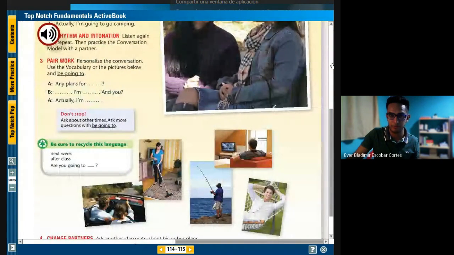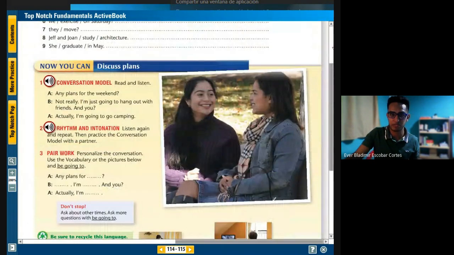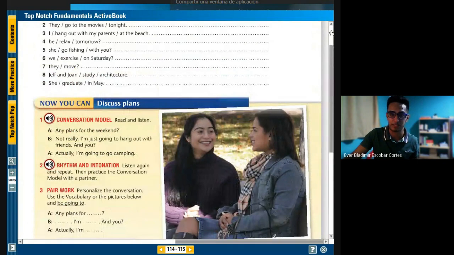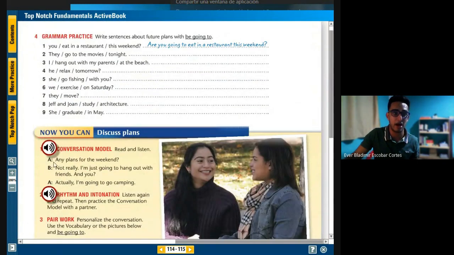We have, let me see, these parts, the organizing ideas and the conversation model, right? So there are the activities they are going to do, and let me show you another one. The other one is an agenda. Let me show you the example of the agenda.